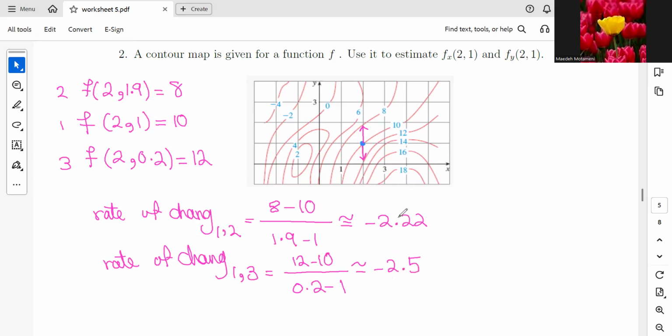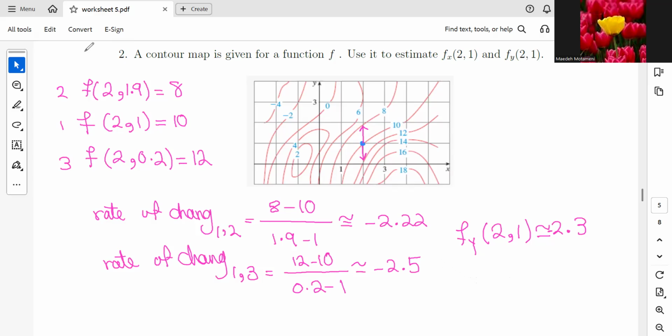In this case, these rates of change are not the same, so you can find the average or approximately a point between these. And that can be a number like 2.3 here. You may add them up, divide by 2, and get a number here, but this is a negative.